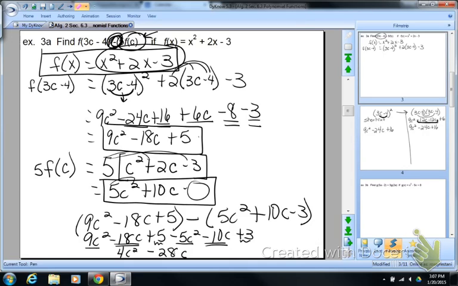I forgot to distribute the 5 times everything, so it should be 15 right here. It's plus 15. Now 15 plus 5 is 20. And this is my final answer. So there were 3 main things we had to do. Let's do another one.